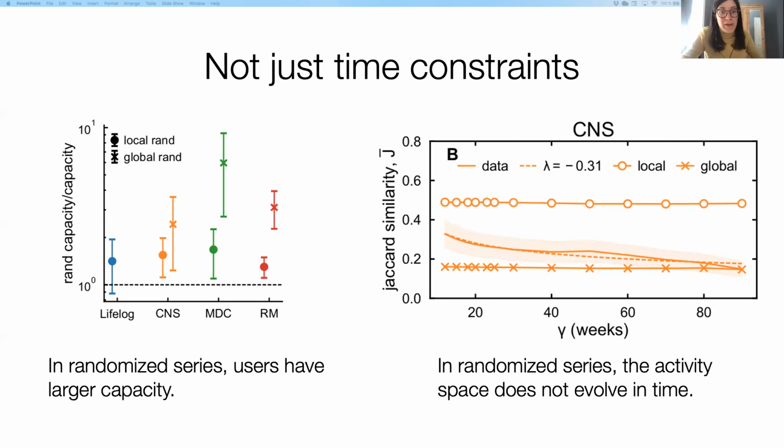And in the randomization experiment, we see that the Jaccard similarity does not evolve in time. So when we perform this randomization experiment, the activity space does not change. So this is really something intrinsic to behavior, that we slowly drift into different life or spatial experiences over time.